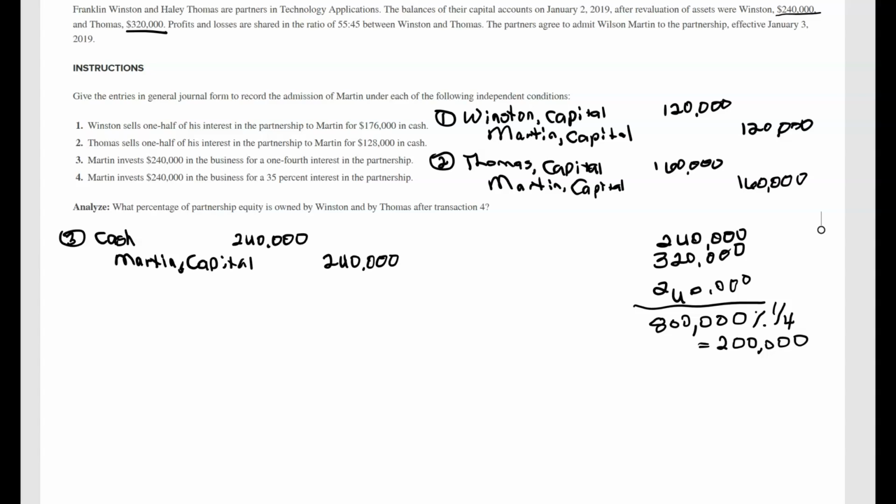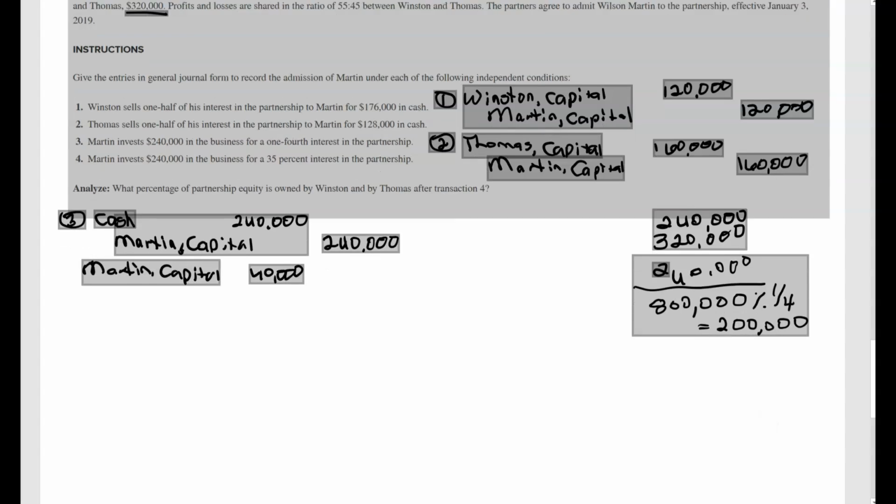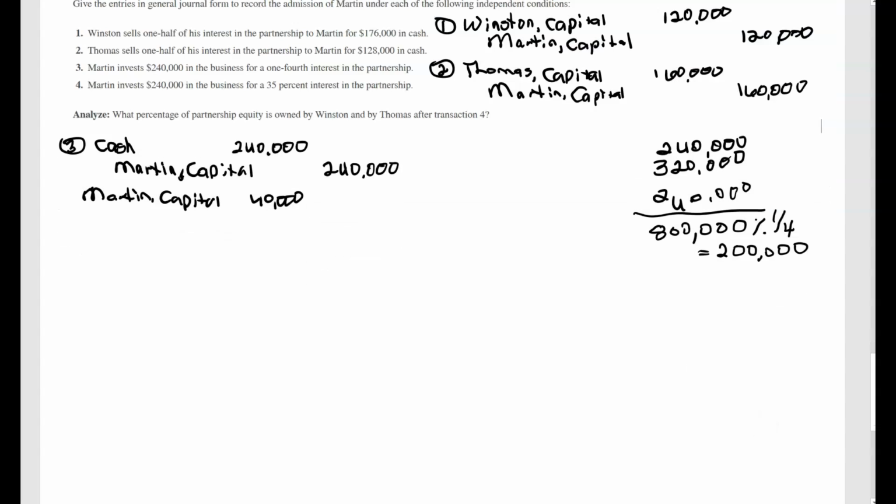So this next transaction is to debit Martin's capital $40,000, and then we're going to credit the other 2 partners to give them their portion of the $40,000.